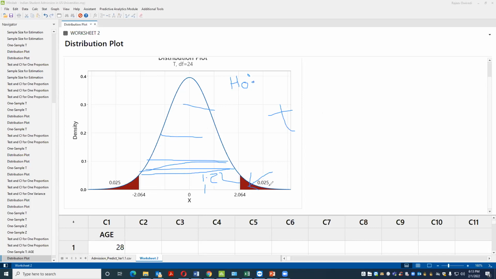Any value beyond this or below this is in the red rejection region, the rejection region of the null hypothesis. Therefore my null hypothesis is accepted. Yes, 30 years is the average age of my BADM course students, with 95% confidence.